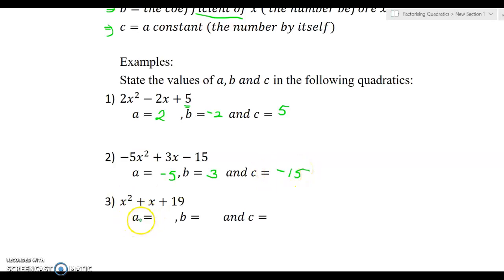Let's go again, number 3. We have x squared plus x plus 19. The number before the x squared is 1. We don't see a number, but we know 1 is understood. The number before the x, the b, is 1 again, and then c, the constant, is the number by itself with no letter attached, 19. Pretty simple to understand.